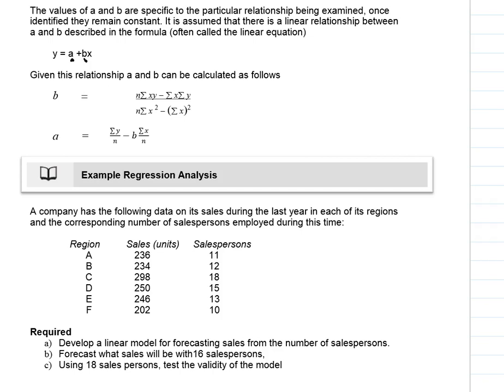The first thing we have to do is develop our linear model, develop our linear equation using figures for A and B, and then use that to forecast what sales will be with 16 salespersons, and then finally to test the validity of the model using 18 salespersons.